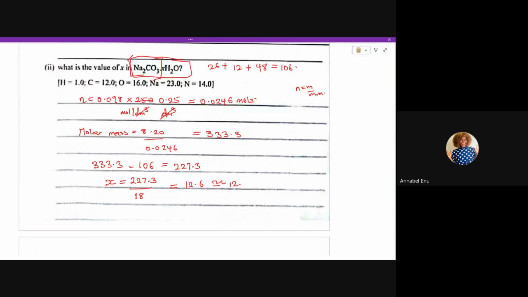That is to say, when we are to write this formula, this E, we'll write it like this: dot 12H2O. Okay, do you all understand? Please, if you understand up to this point, let me see.